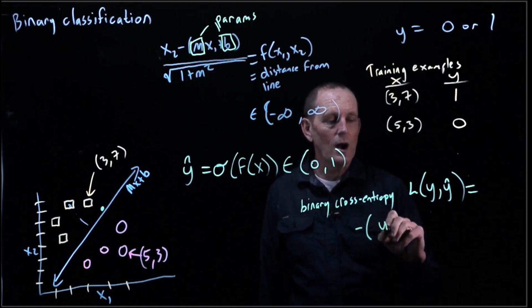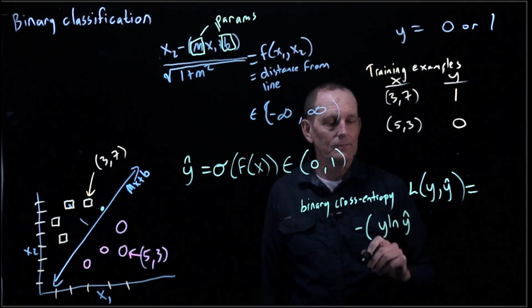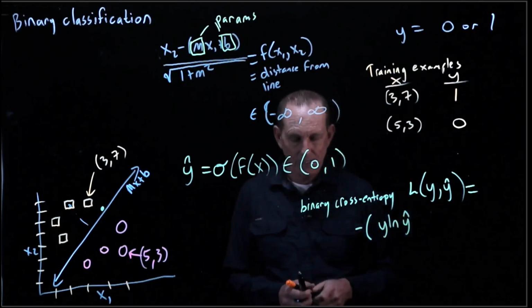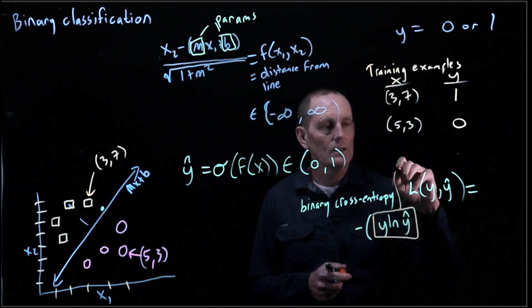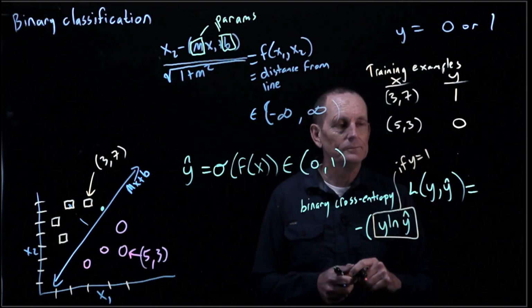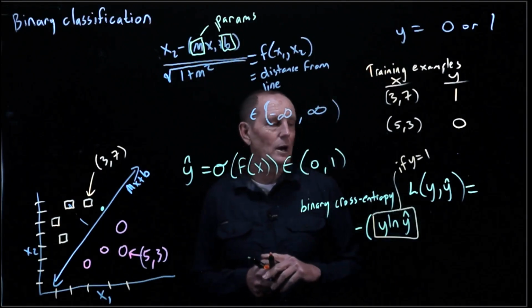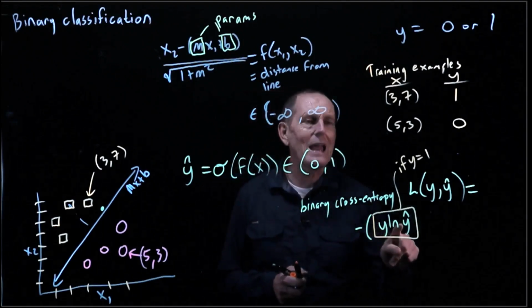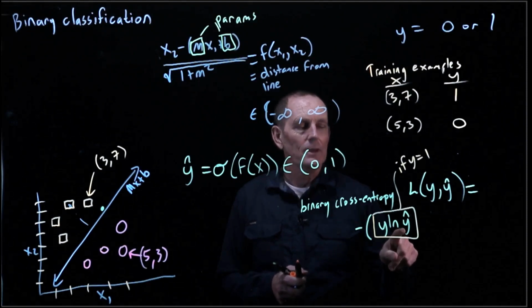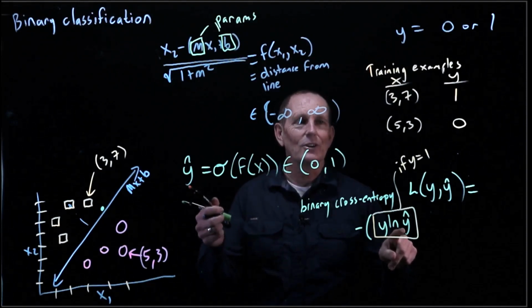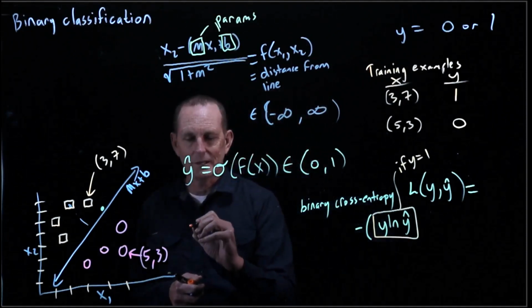So we're going to use y log y hat. This is the first part, and this is going to take care of the case where y equals 1. So let's look at what happens if y equals 1. Let's say y hat were equal to 1. We happen to know y hat is only going to approach 1, but let's just see. So let's do a little table here.